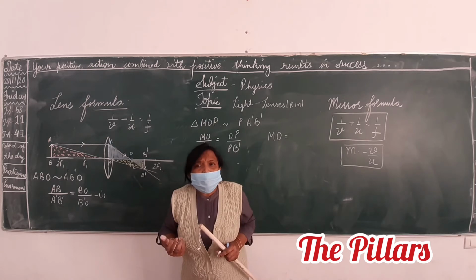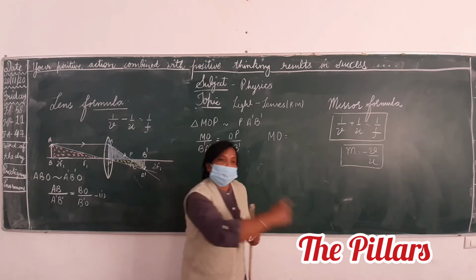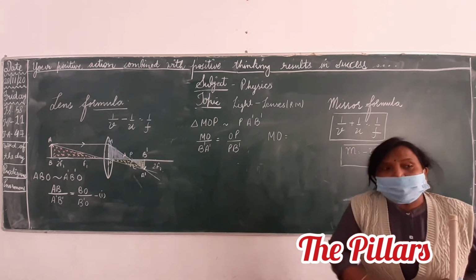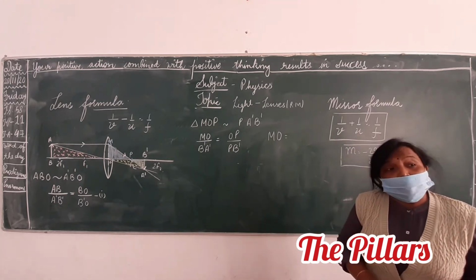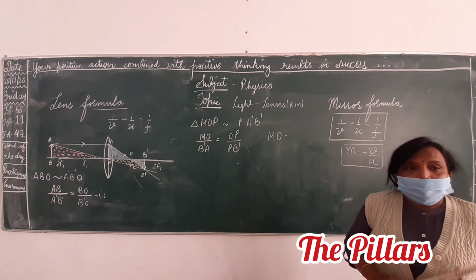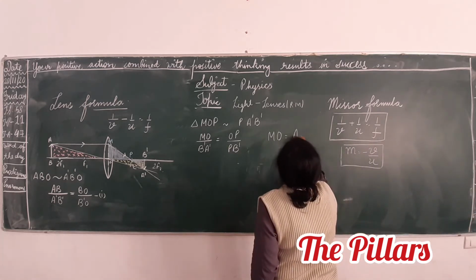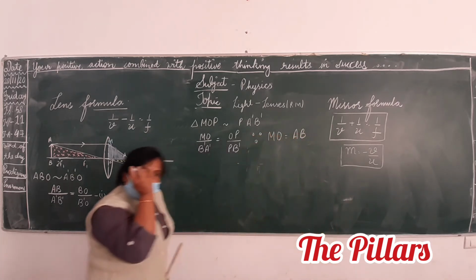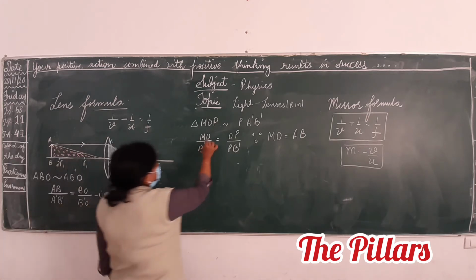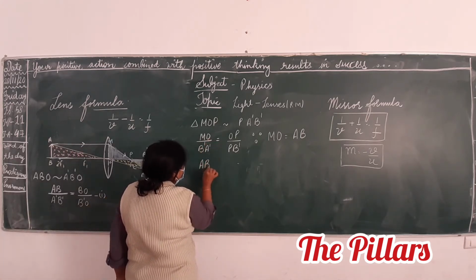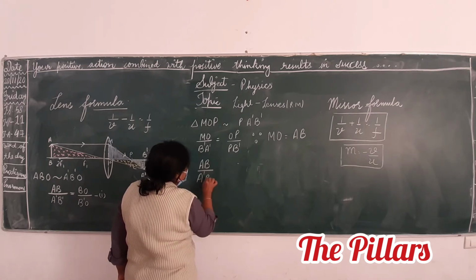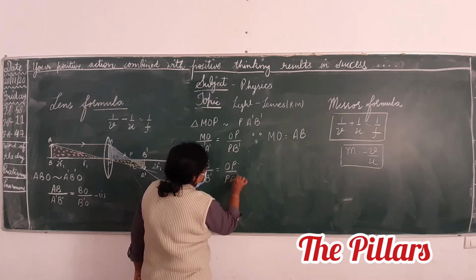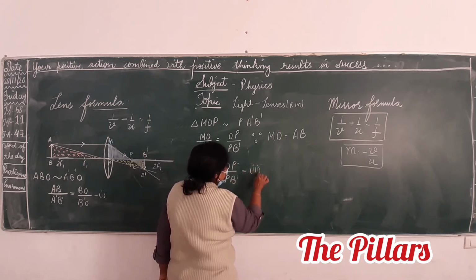It is equal to AB. Very good. MO is equal to AB. Since MO is equal to AB, we will replace it here: AB upon A dash B dash will be equal to OP upon PB dash. Second equation.